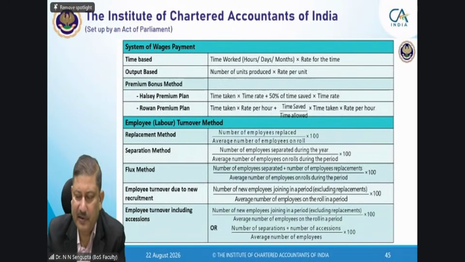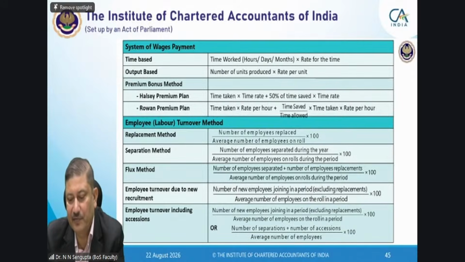Now, wage payment system, you can also prepare your own chart in this way: time based, output based, then premium bonus. There are two techniques of premium bonus we generally see. One is the Halsey premium plan, and another is the Rowan premium plan. In Halsey, we take 50% of the time saved into the time rate, and in Rowan we take time saved by time allowed into time taken into rate per hour.